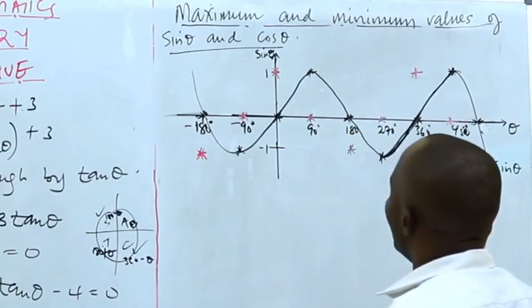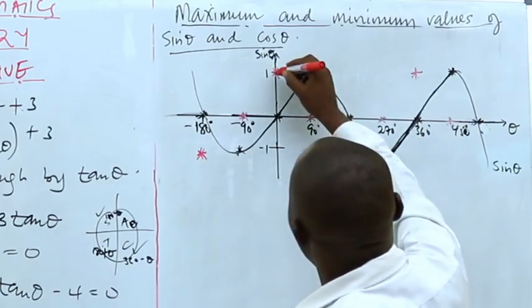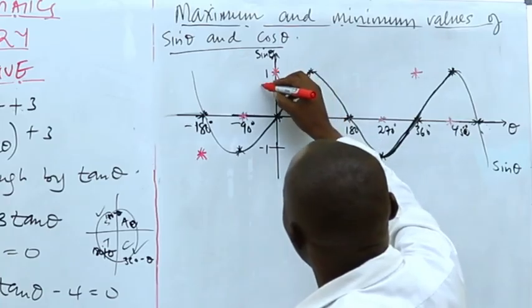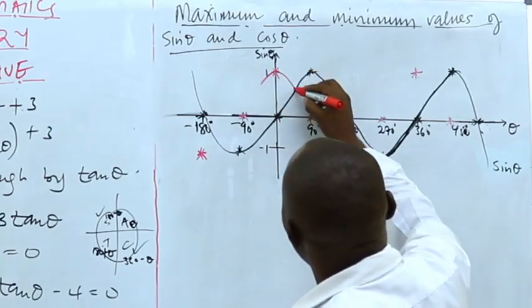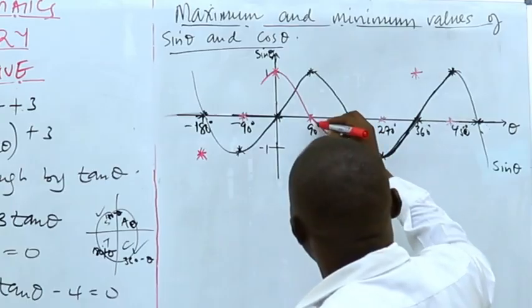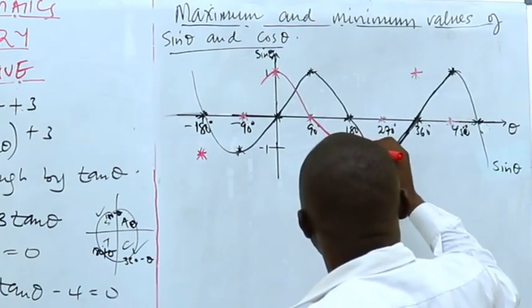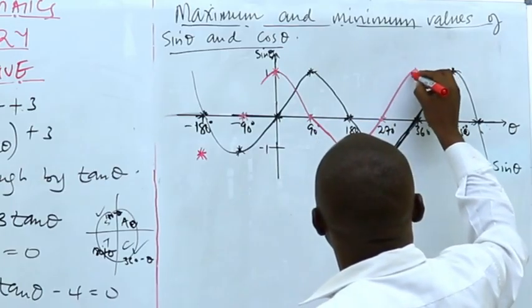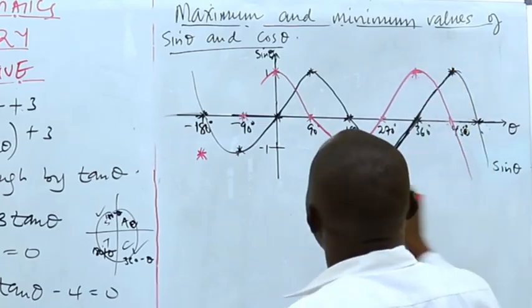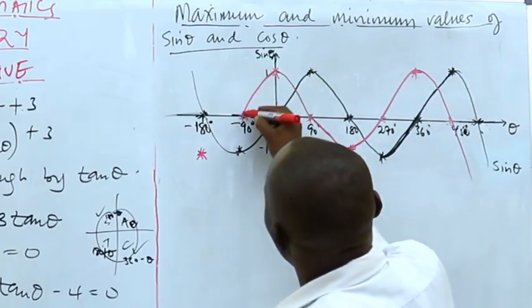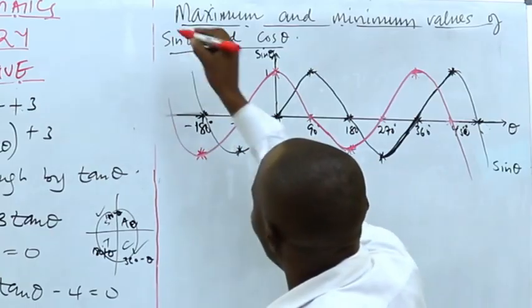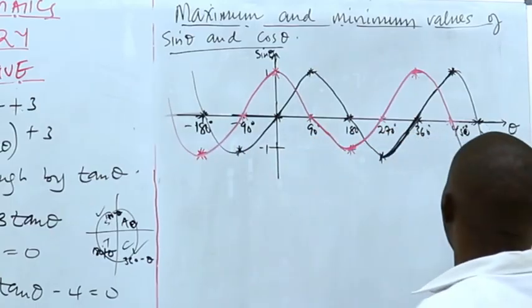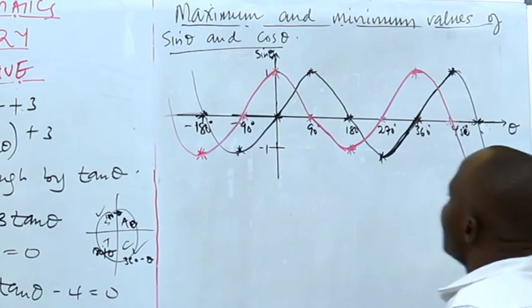Now if I join my plotted points, I started from here. I can have something like this, something like that, then like that. Okay? This is cos of theta.